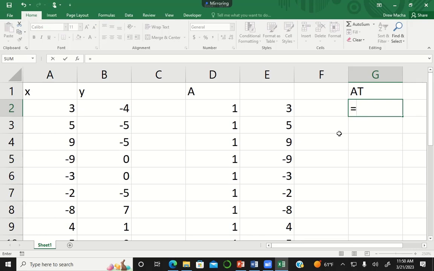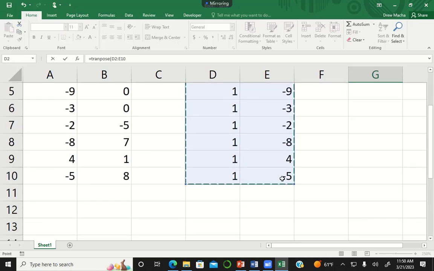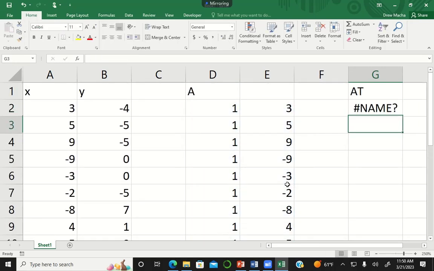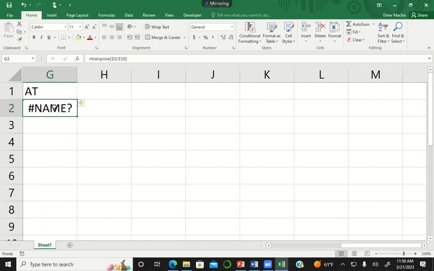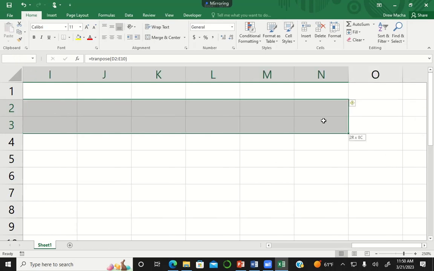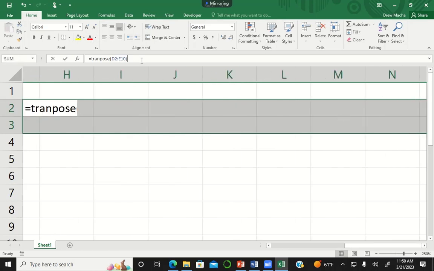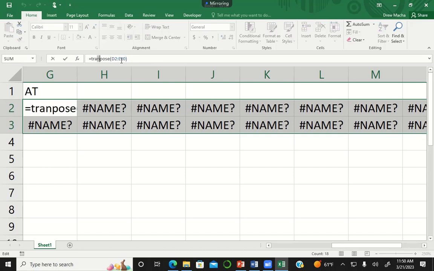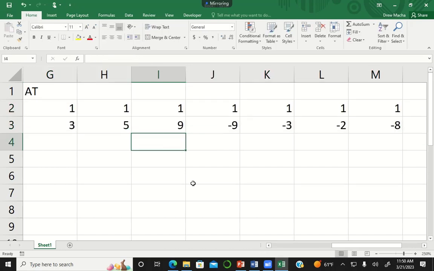But the transpose, A transpose, sorry, let me have 3 more minutes here. I do the transpose of this whole array, close parentheses, and I have to find exactly the right size so that Excel will do this for me. Oh, I forgot an S. Transpose, not transpos. There we go. So that's A transpose.